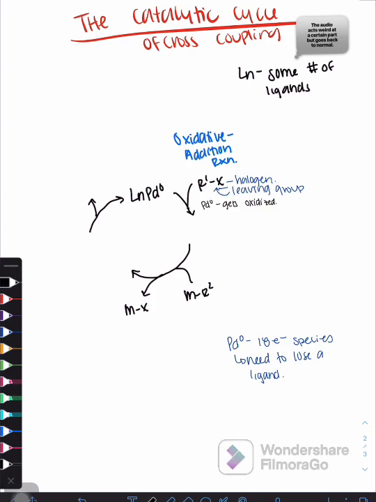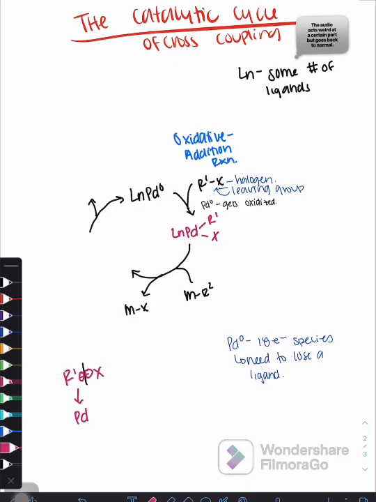This adds to the palladium species by breaking the bond in half and attaching it to the palladium species. So what I'm saying is this R1 group with this X breaks in half, and each side, this and this little tiny thing right there, will attach to the palladium, in which we'll get the ligand with the palladium that's attached to the R1 and the halogen.